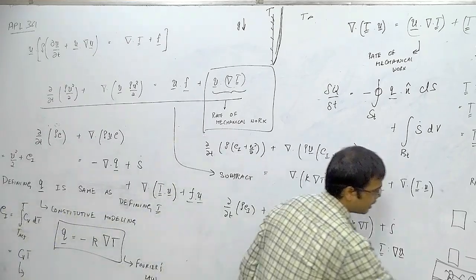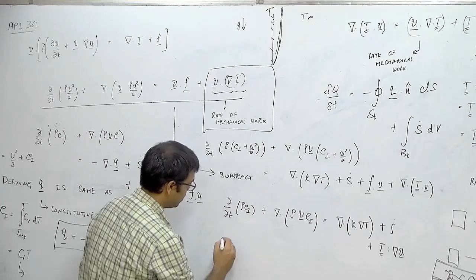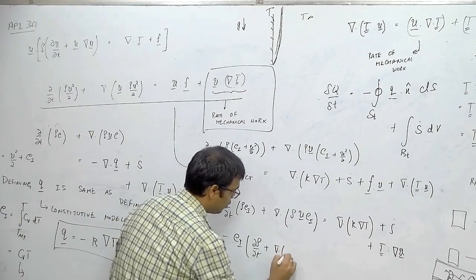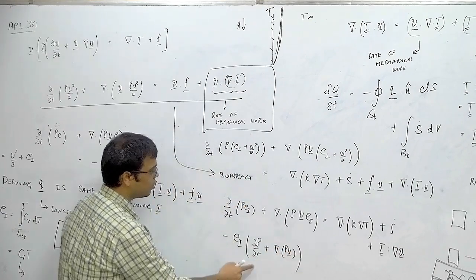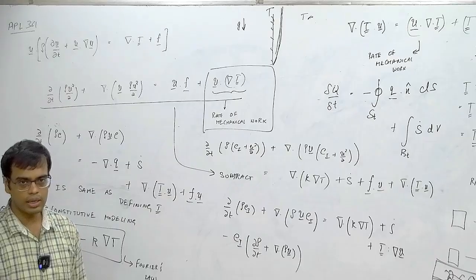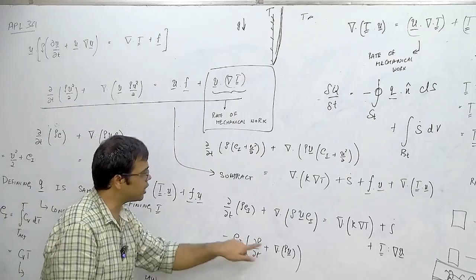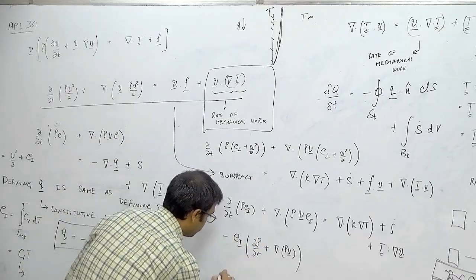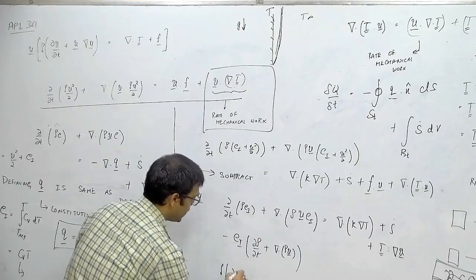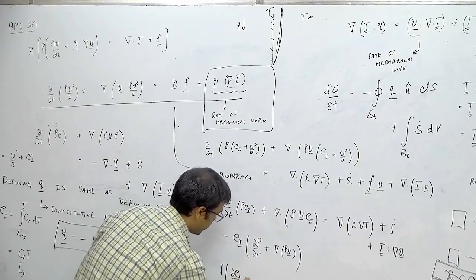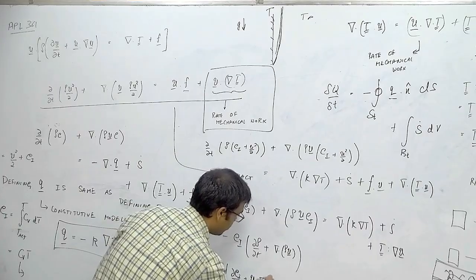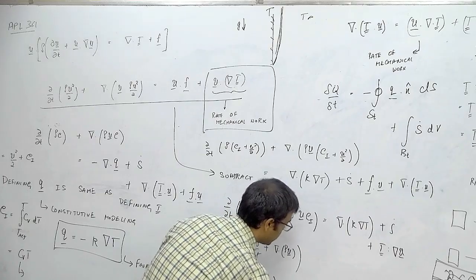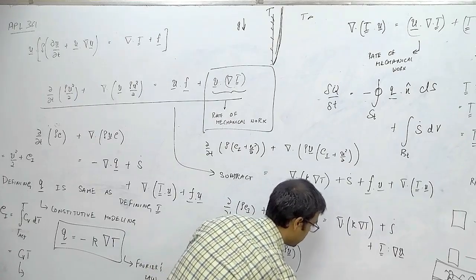I can again play that trick of subtracting a 0, which is del rho by del T plus del dot rho U, and multiply the 0 with EI. I can always do that, and the reason to do that is to bring rho and rho U out. So the left hand side will become rho times del EI by del T plus U dot grad of EI, equals del dot K grad T plus S dot plus the remaining term.